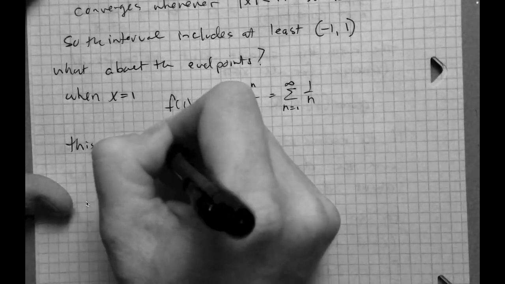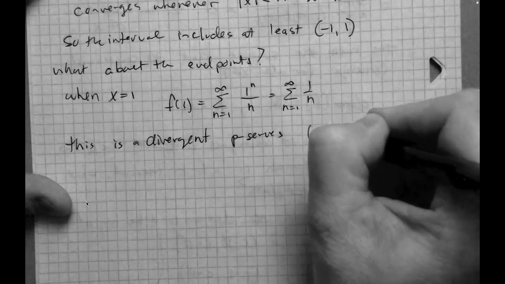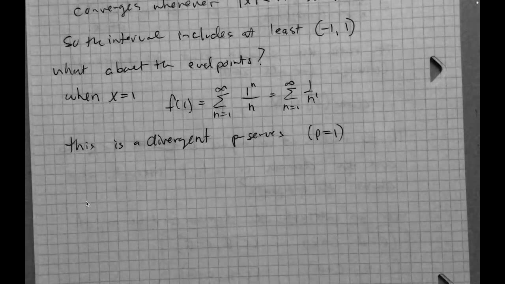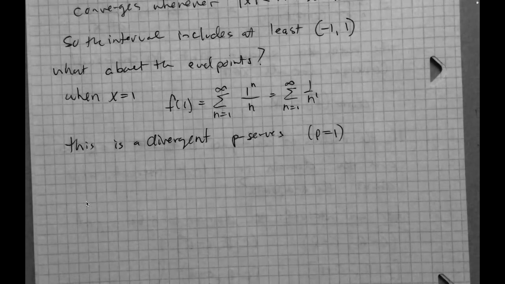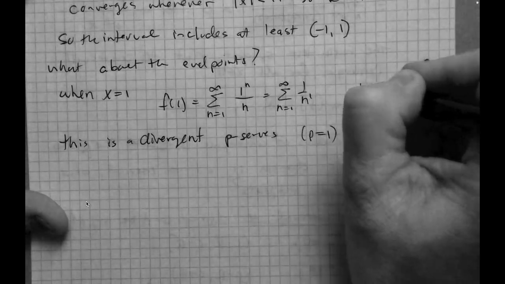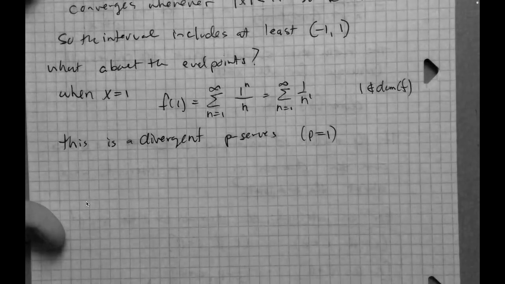Because p equals 1 here, right? You can think of a 1 there. And when p equals 1, this is actually the harmonic series, and it diverges. So that means the upper endpoint is out. 1 is not in the domain of f.